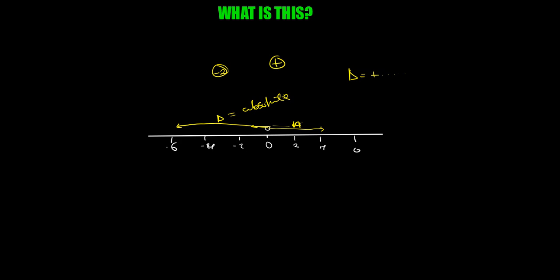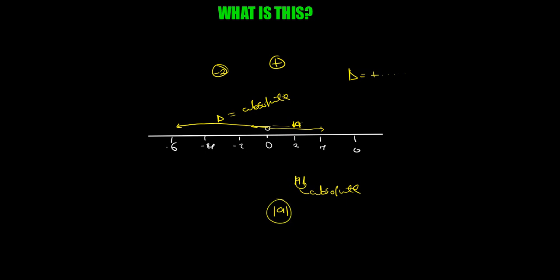Now the presentation of absolute will be |A|, like that, inside these bars, which we are calling absolute. So these two bars make up what we call absolute. So our value A from our number line is now written as absolute like this.